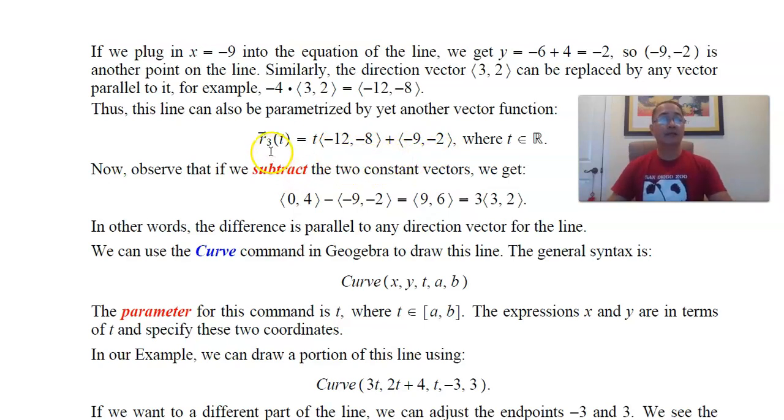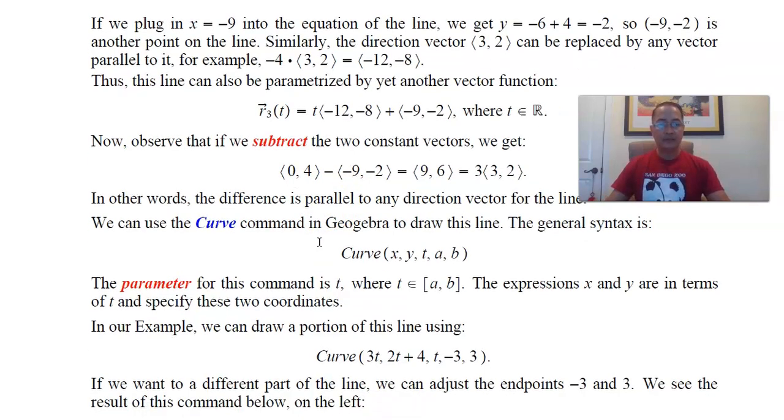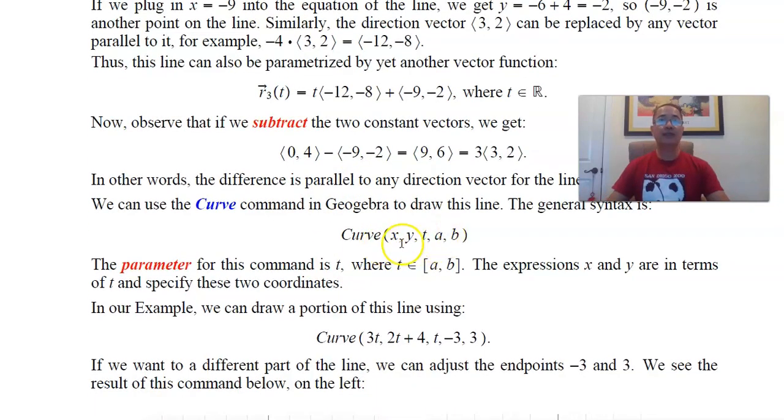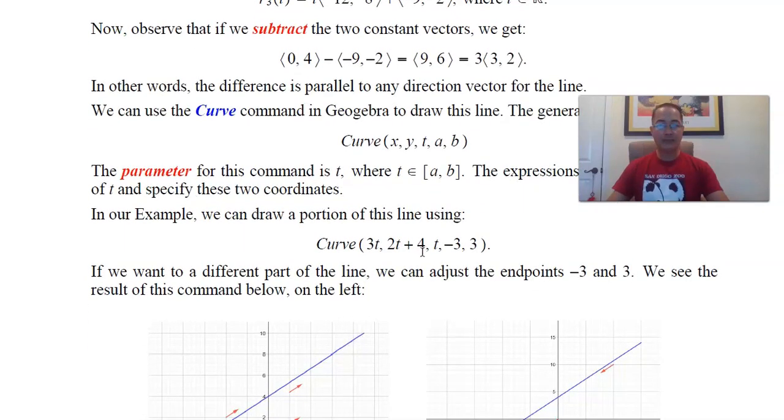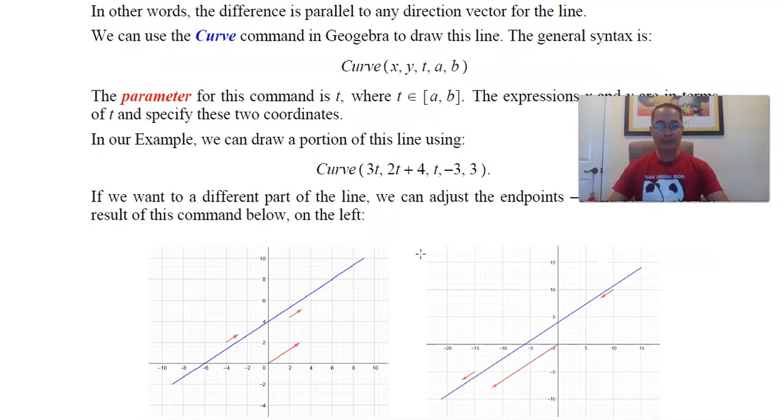So we give it a second name. We call it R3 of t. So R2 of t is what we wrote in the previous page. That is, of course, the general syntax of our curve command. And again, you can play with the endpoints.